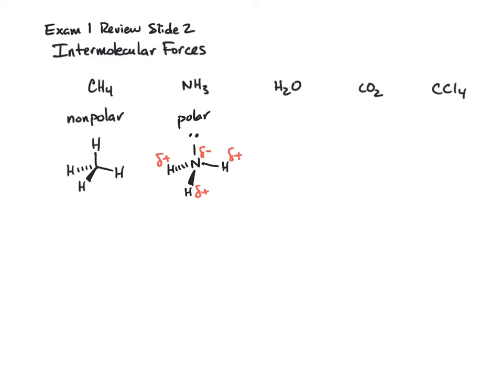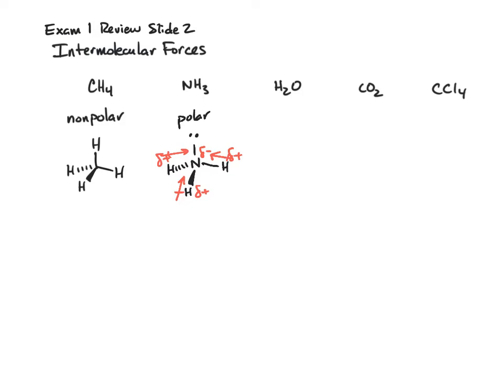The way you represent that is that the plus starts where the delta plus is and points to what's negative. Again, that's probably not the best representation of things, but a bond dipole is a vector. And what do you need to have a vector? Have you taken physics?